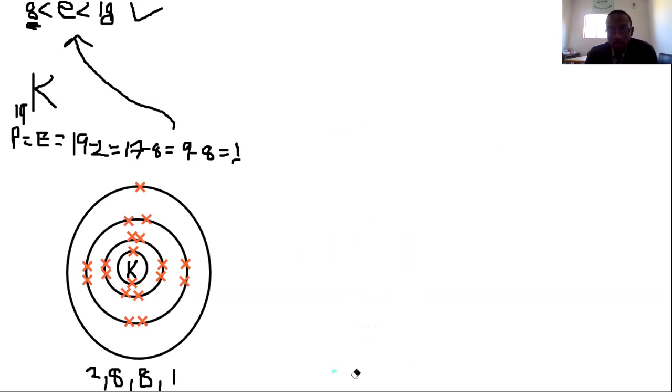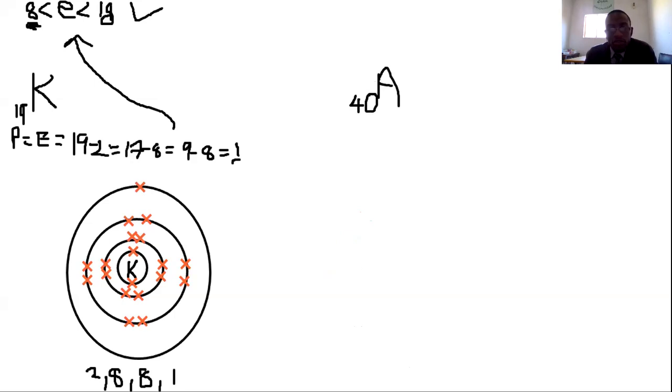Let's say we take an element A with a proton number of, let's say, 40. How can we draw the structure?